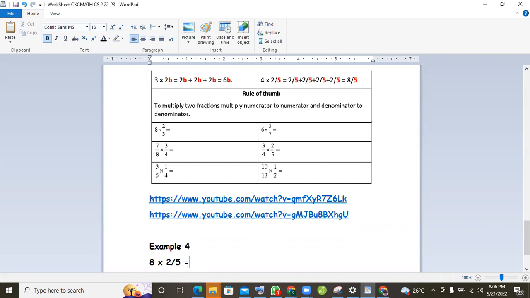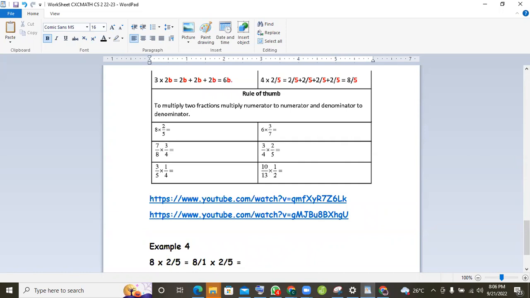So when you multiply a fraction by a whole number, try to make the whole number look like a fraction by putting a 1 under it. So 8 is the same as 8 over 1. So make the whole number look like a fraction. Okay, so we have 8 over 1 times 2 over 5.